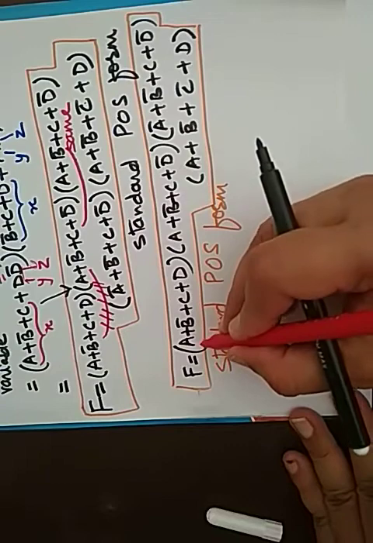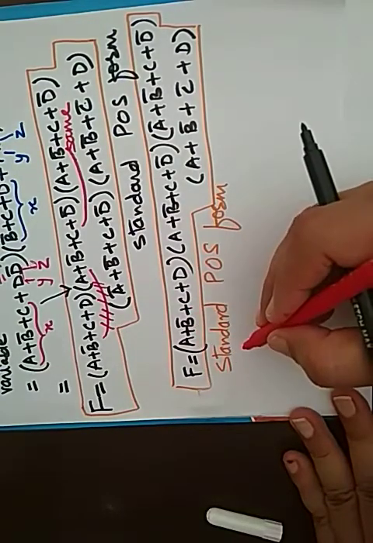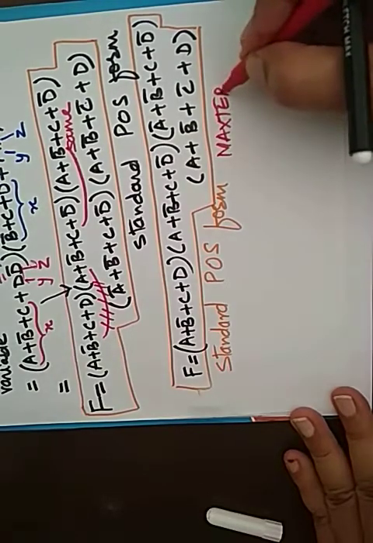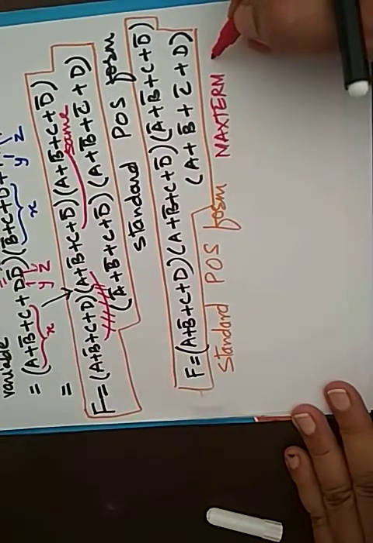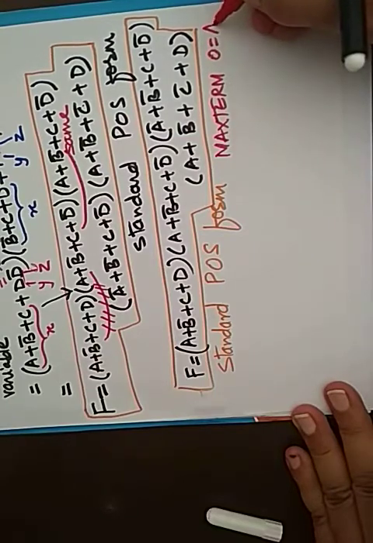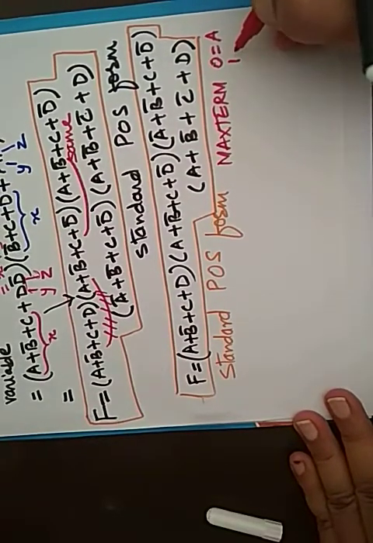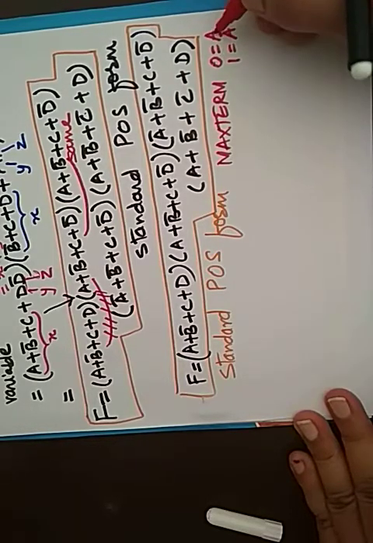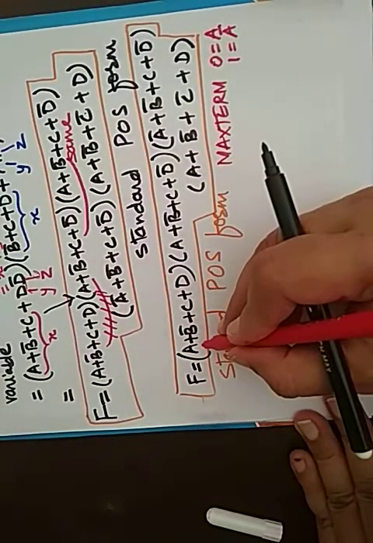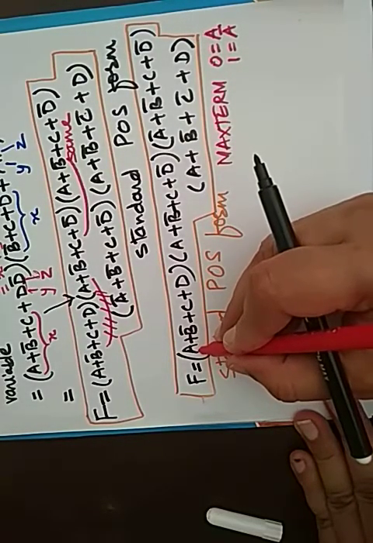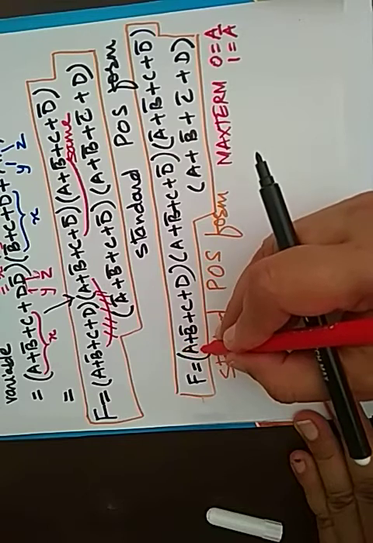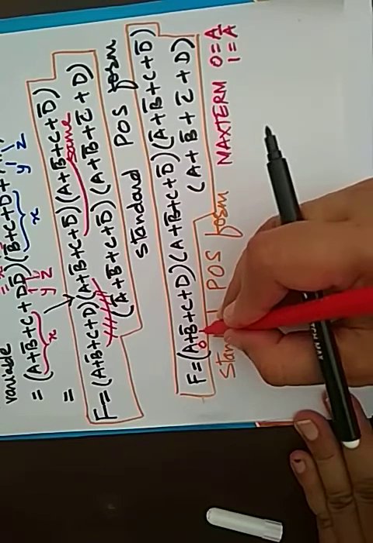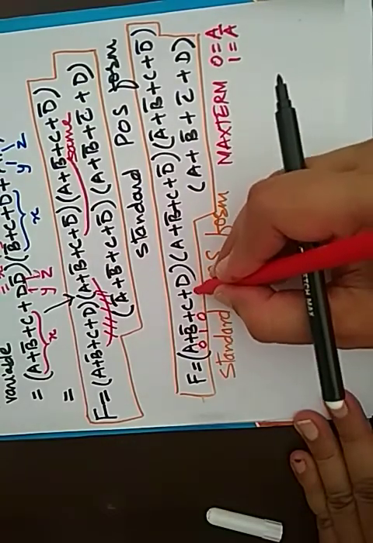For that, we will have to see the values of these terms. Remember, the rule for max term is that you take a 0 for the term which is a, and 1 for the term which is a bar. 1 for bar, 0 for no bar. So applying that over here, A has no bar, so this is 0, 1, 0, 0.